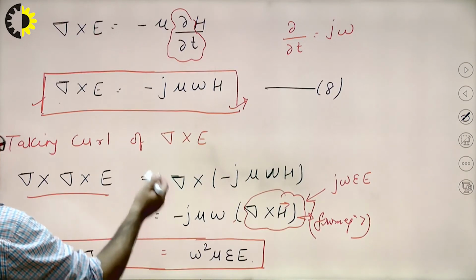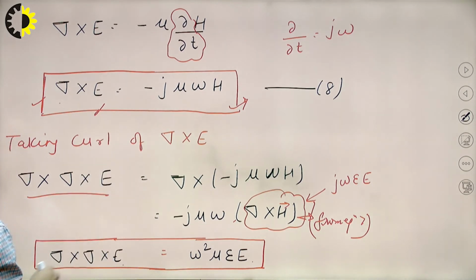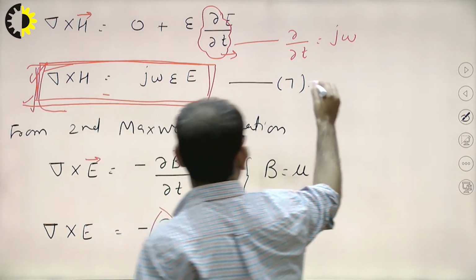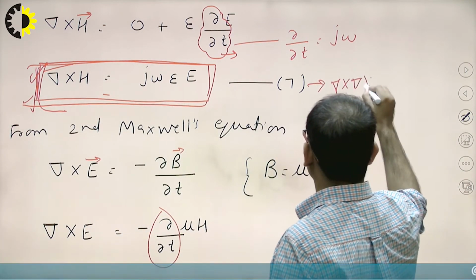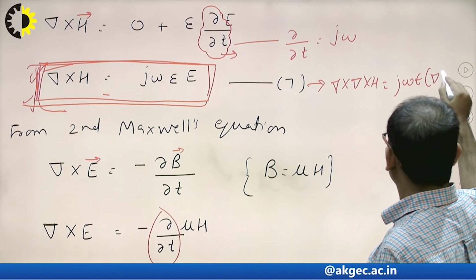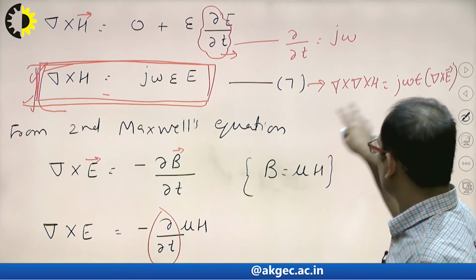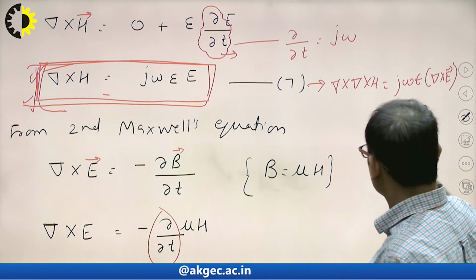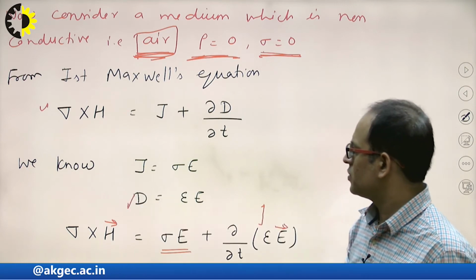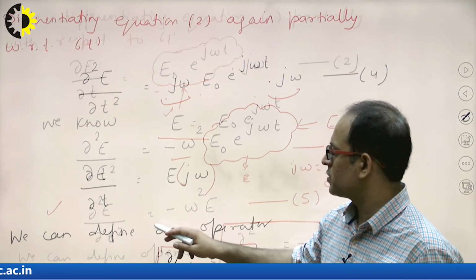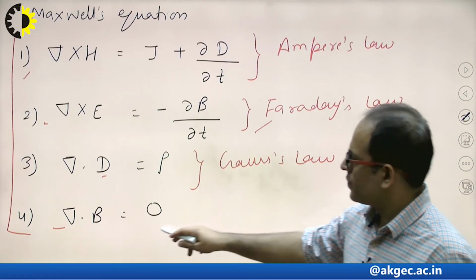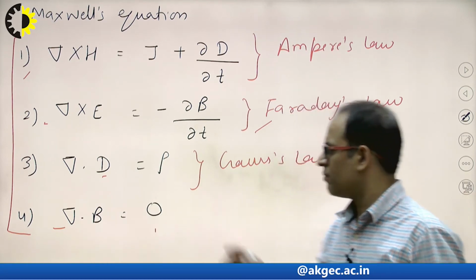Here we have taken the curl of equation number 7: del cross H will be equal to minus j omega epsilon del cross E. On solving this equation and using Maxwell equation number 4, that is del dot H comes out to be 0.